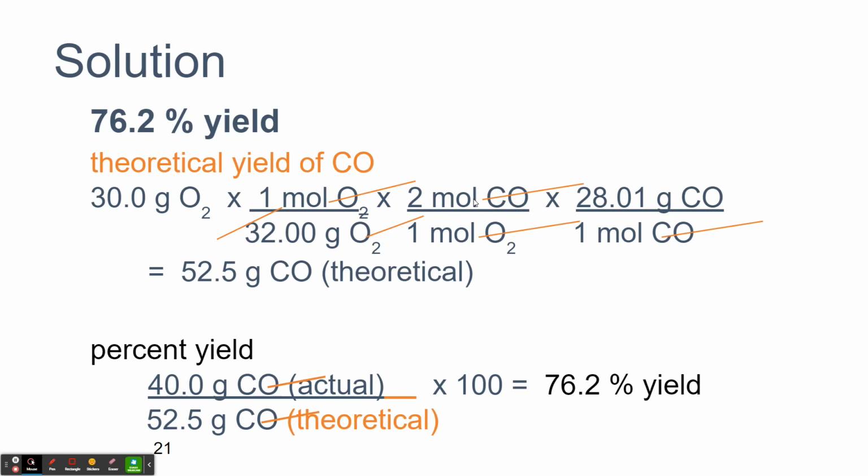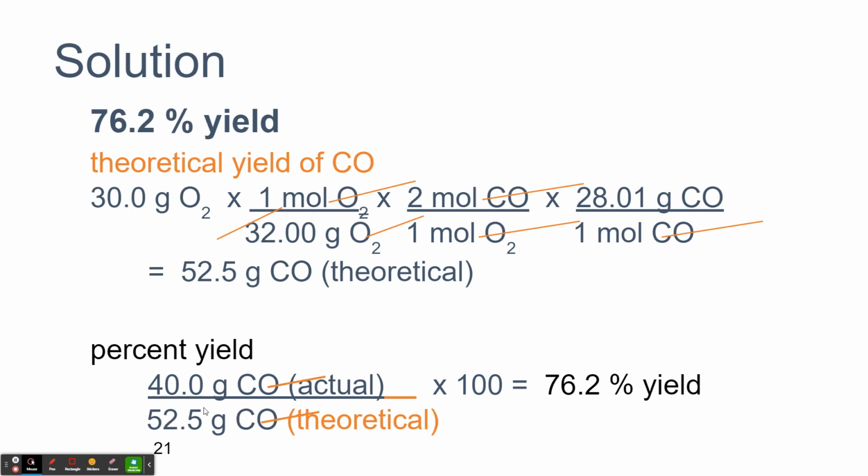There's 2 moles of carbon monoxide made for every 1 mole of diatomic oxygen. And then because they give us our actual yield in grams, we need to convert our moles of carbon monoxide to grams of carbon monoxide. So this is from our periodic table. Carbon's 12, oxygen 16. That's going to give us about 28. When we multiply everything on the top, divide by everything on the bottom, we get 52.5 grams that we should have gotten back.